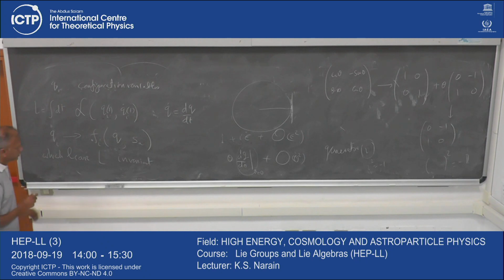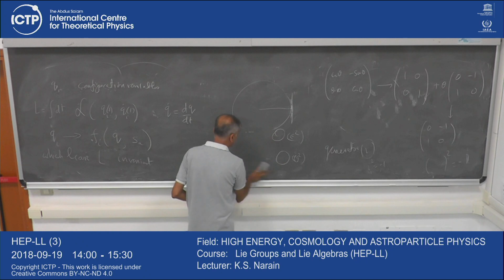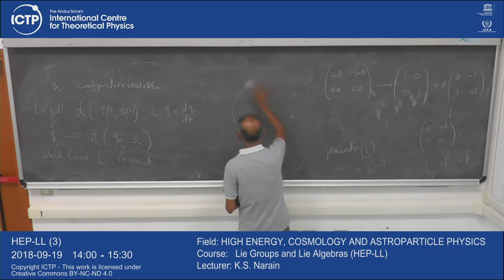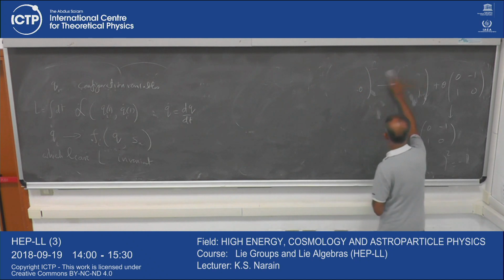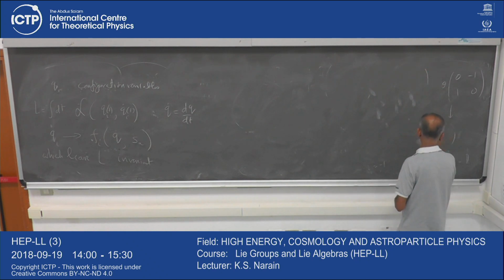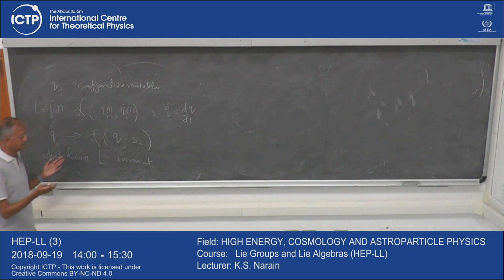So anyway, if you have global transformations, global symmetries, then what does it mean? It means the Lagrangian is invariant under the symmetry. Let me also define the identity.